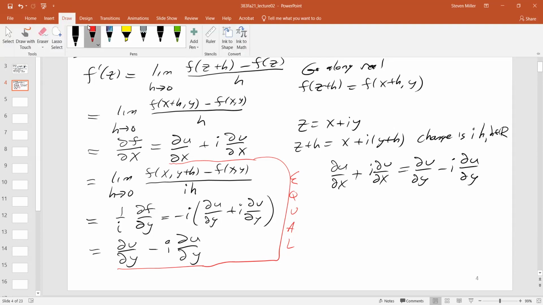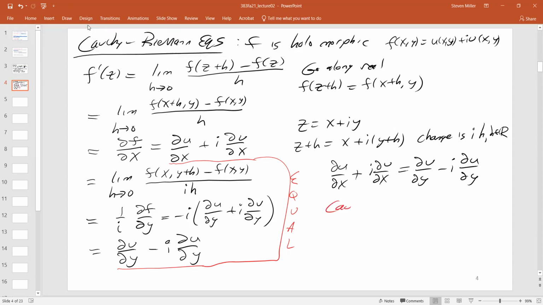Okay, so we then get the Cauchy-Riemann equations. So we get du dx equals dv dy and dv dx equals negative du dy.